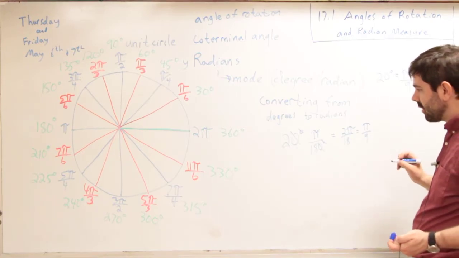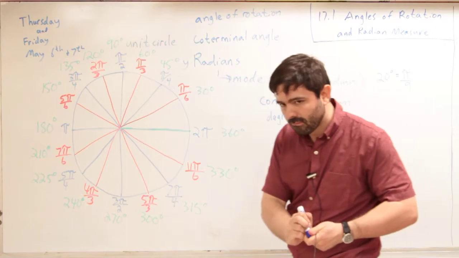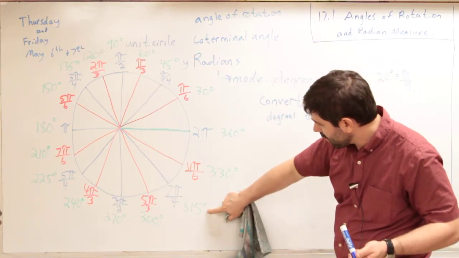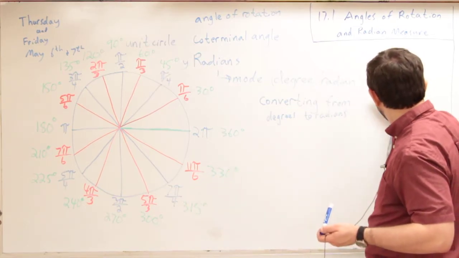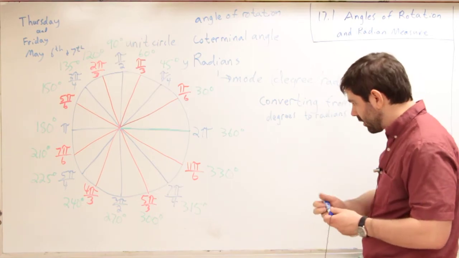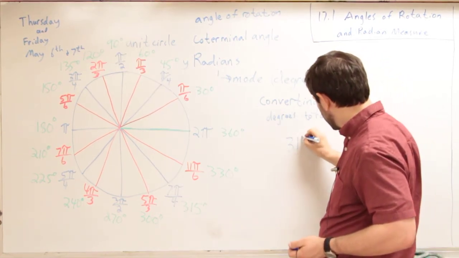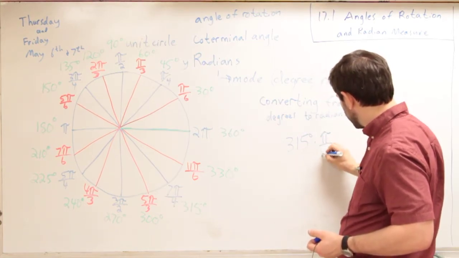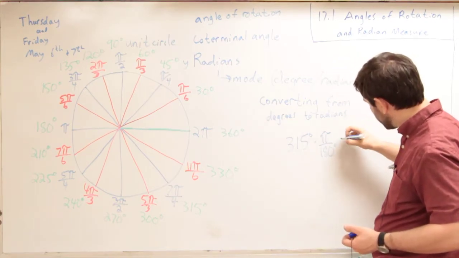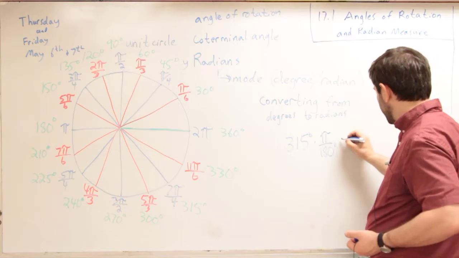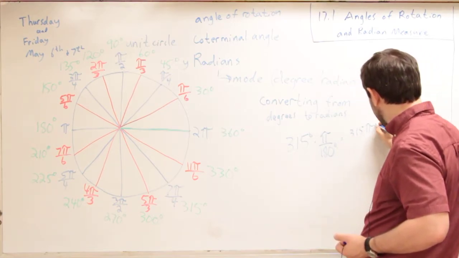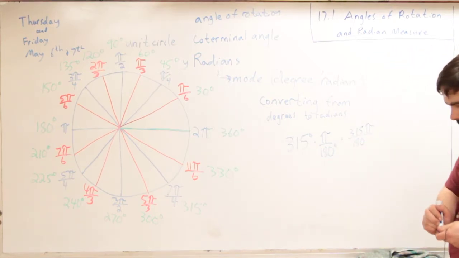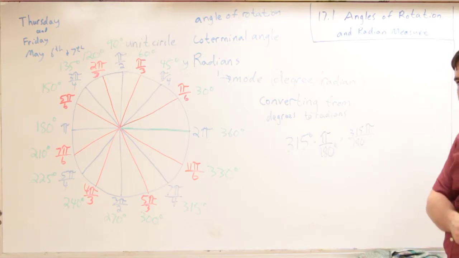What about 315 degrees? We could look on our unit circle, and we can see 315 degrees equals 7 pi over 4. But how would we do that if we didn't know? Well, we would multiply by pi over 180 degrees. Our units of degrees will cancel. We will have 315 pi divided by 180. Well, that's a big mess. Well, I can see we can divide these by 5 pretty simply.